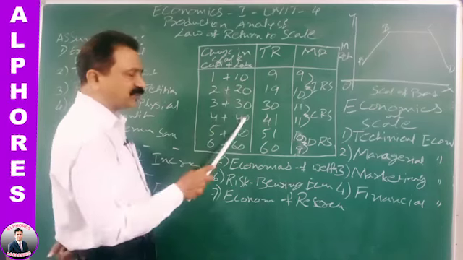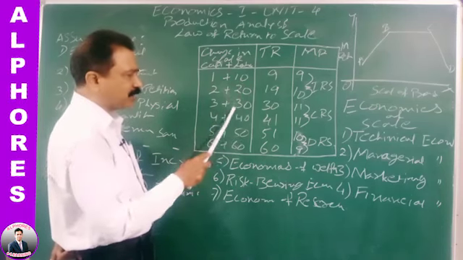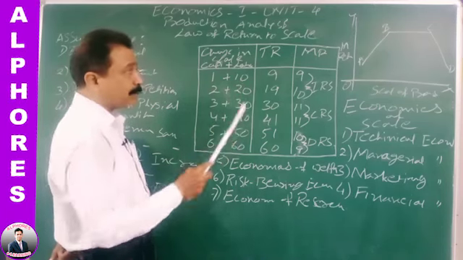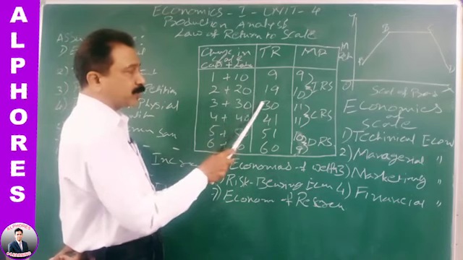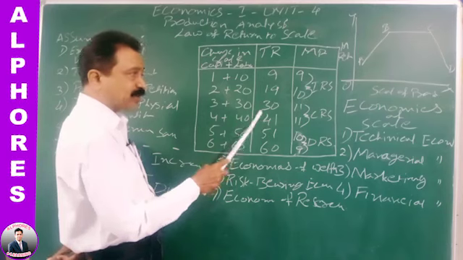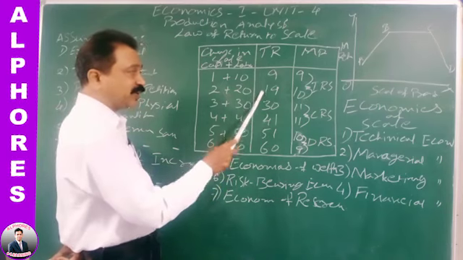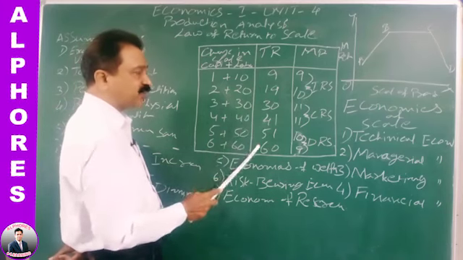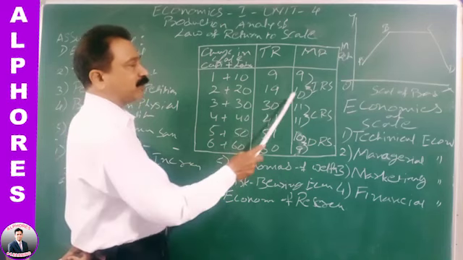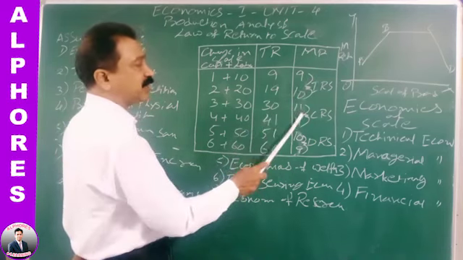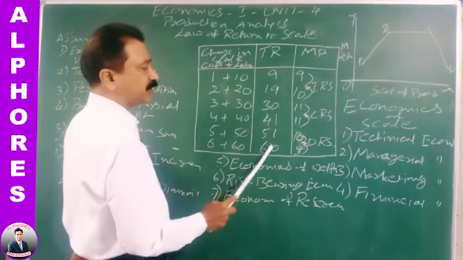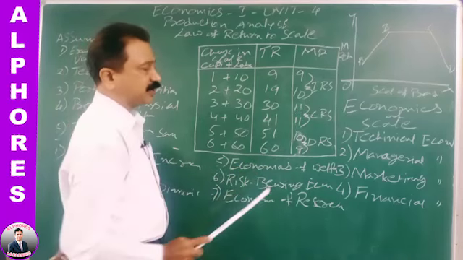We are increasing the capital and labor in the same ratio. But total returns first increased, and then still increased but in a constant way, and then in a decreasing order. In the first one, you got increasing returns to scale. Here you can see constant returns to scale. Here you can see decreasing returns to scale.